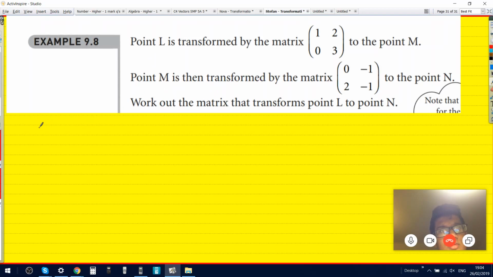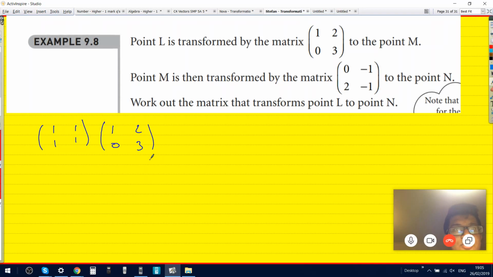Let's say L was 1, 1, 1, 1. So what would it be after it's transformed by this matrix? So that would be, right, 1, 1, 1, 1.